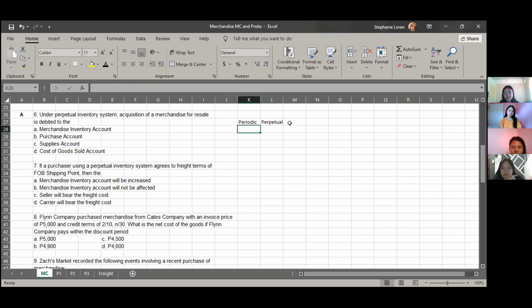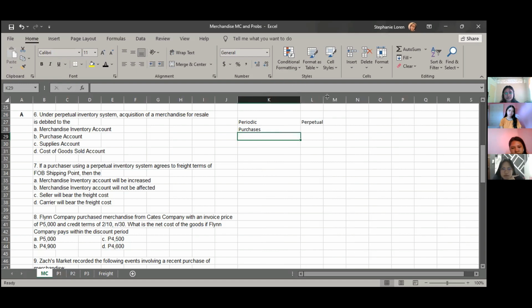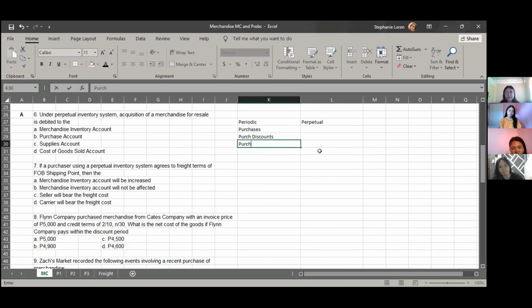So, sa periodic, nagre-record ka ng purchases, purchase discounts, and purchase returns and allowances. Tapos, trade-in. So, lahat yan, dito sa perpetual inventory, magiging merchandise inventory na lang.